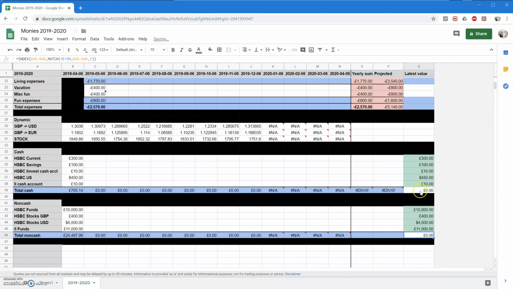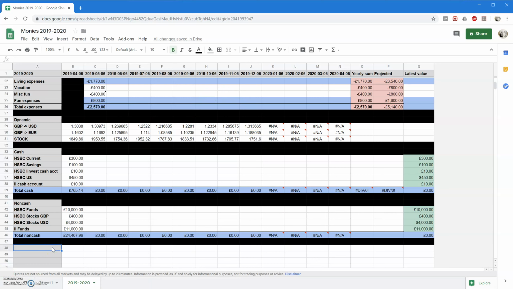Yeah, the sum is not going to be correct here, because the latest value is 0 and I haven't filled things out. So let's say if I put in 100 here, well, then we get the latest value sum of 100. This will work in the normal case. This is just because I'm backfilling the whole thing. That's why.